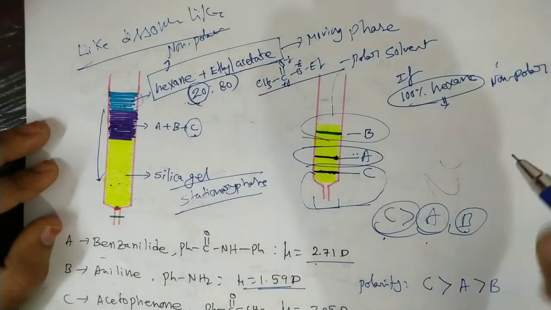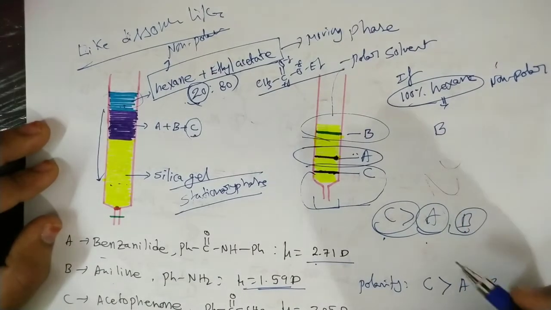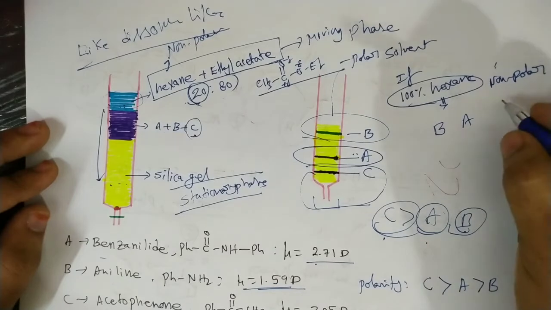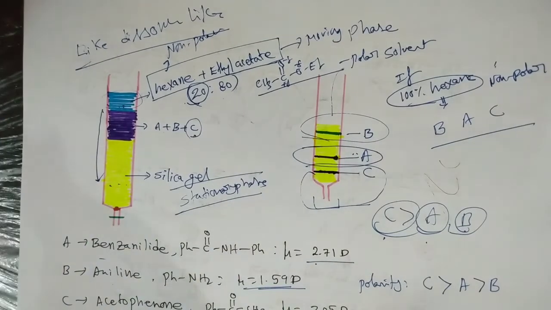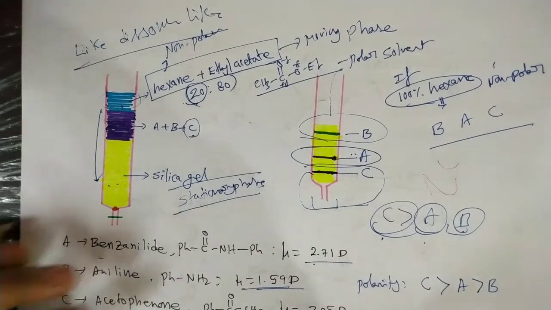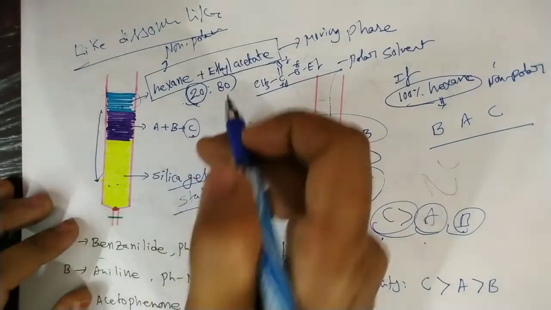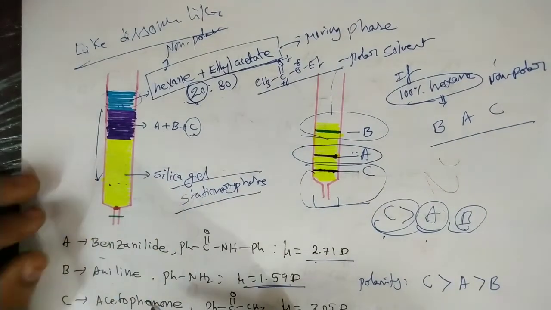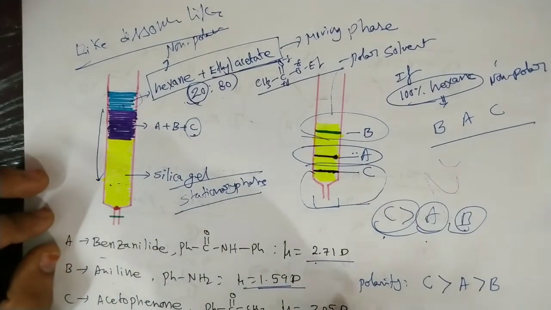That means the less polar compound B moves first, and next A, benzylamide, and next C, the reverse case. If 100% non-polar solvent hexane is used, less polar compounds move with the non-polar solvent. Here in this case, it is 80% ethyl acetate, a polar solvent, so with this polar solvent more polar compounds move first.